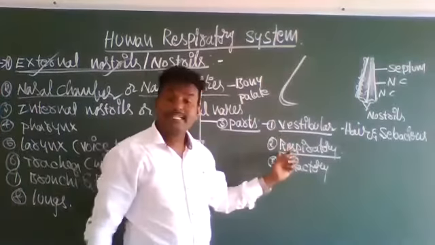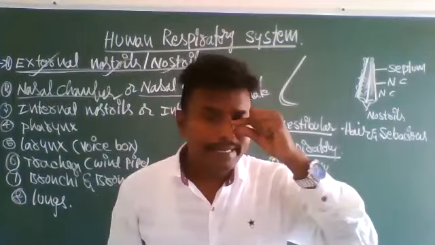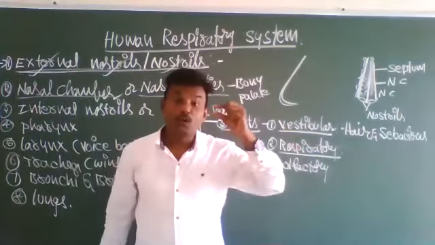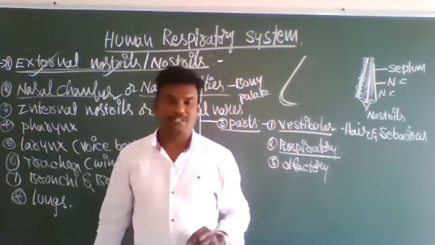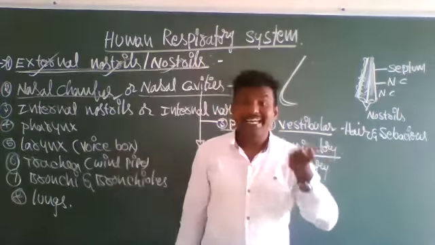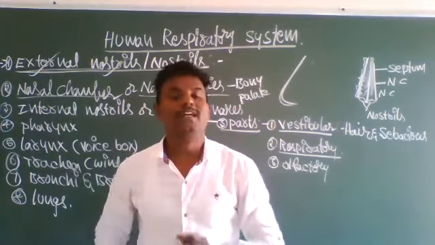So in the middle, the respiratory part is present. That respiratory part can control excess temperature to our body temperature. It conditions the temperature of air that entered inside the body.